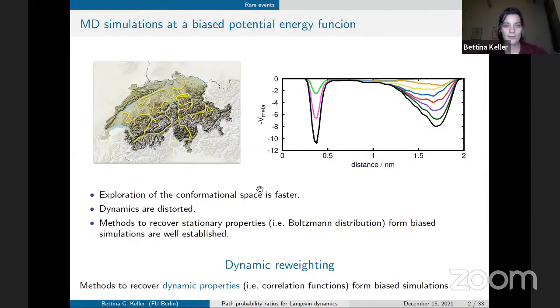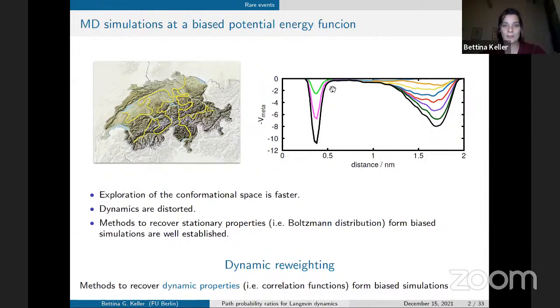If you think of molecular dynamics, these dynamics occur across relatively narrow transition paths. You can think of this like mountain paths across a mountainous energy landscape. And even though these paths are narrow, so they don't cover the entire space, we still have huge barriers along these paths.